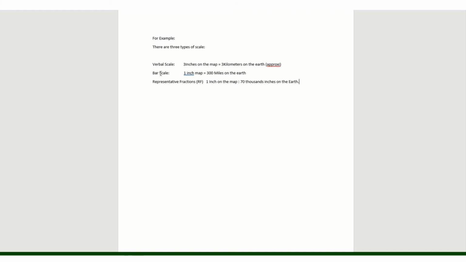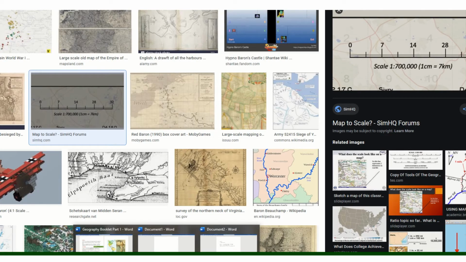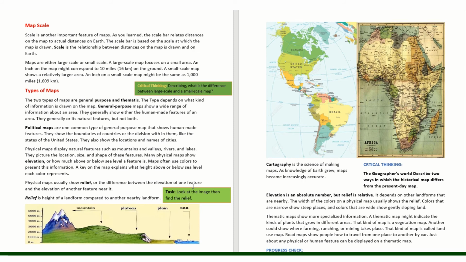So this is how these calculations or measurements can be used in geography to calculate the distance between destinations. Now we'll move to the next step to understand what relief is.